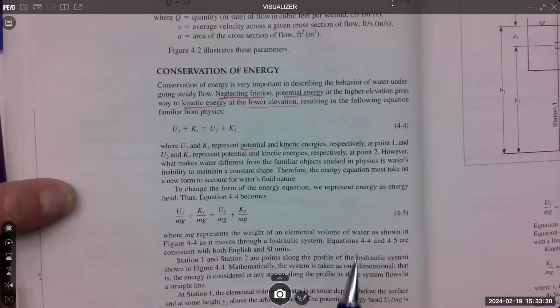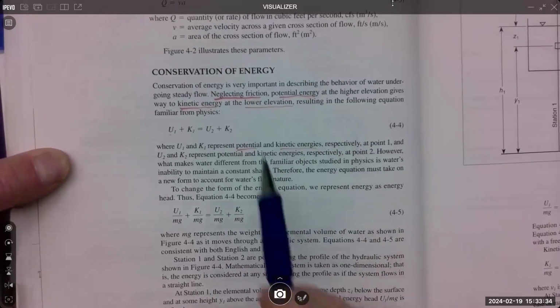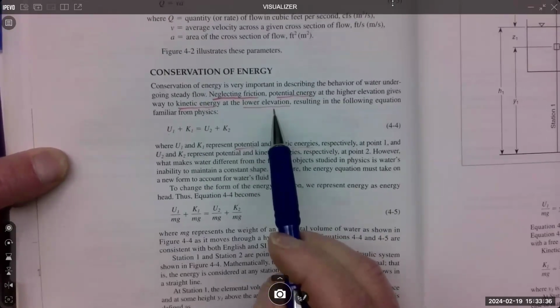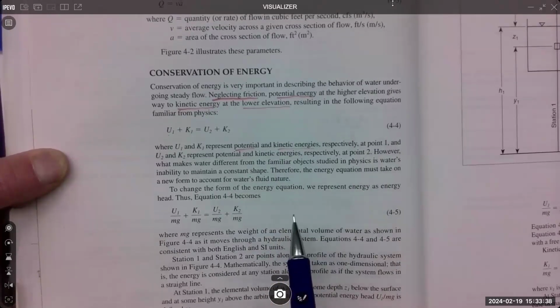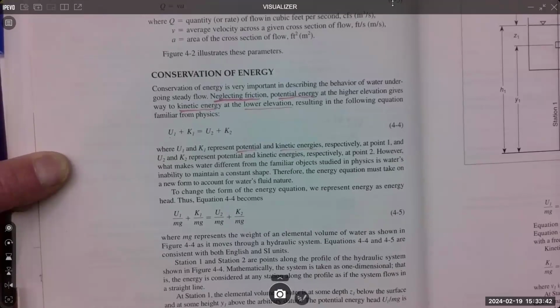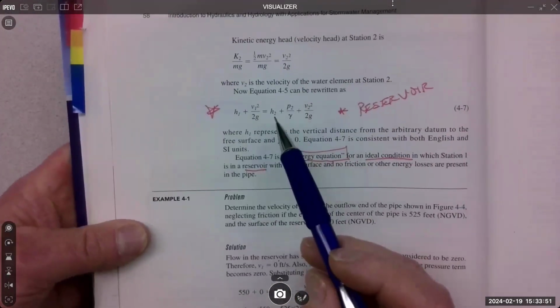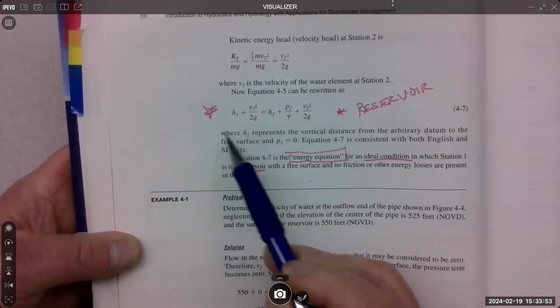They do talk about U, right? And potential energy and kinetic energy and kind of the terminology for it. But in the end, as you read through this, it really is just a derivation. We're going to end up with the energy conservation equation.